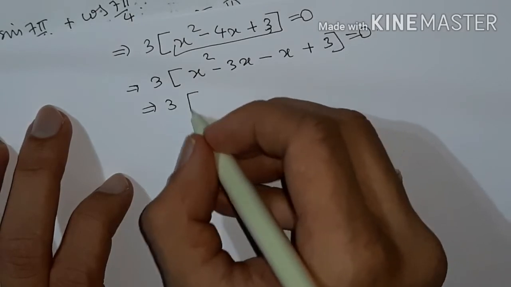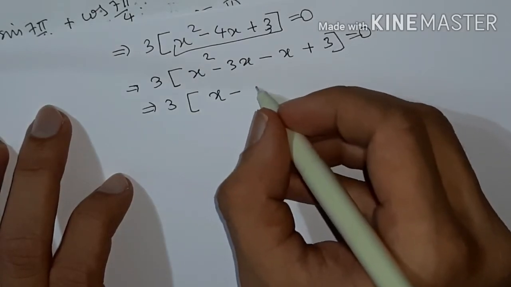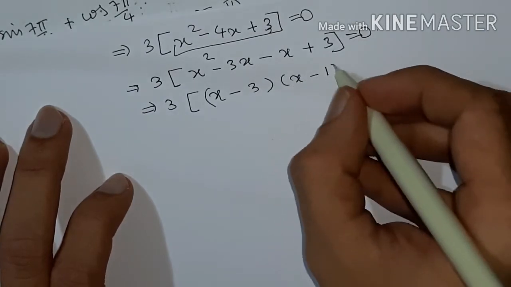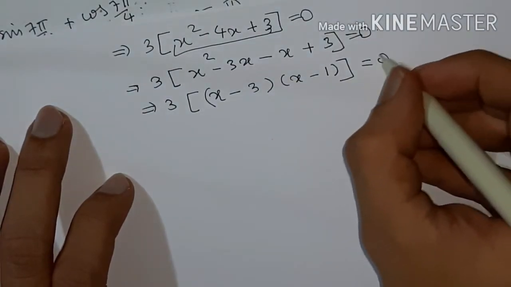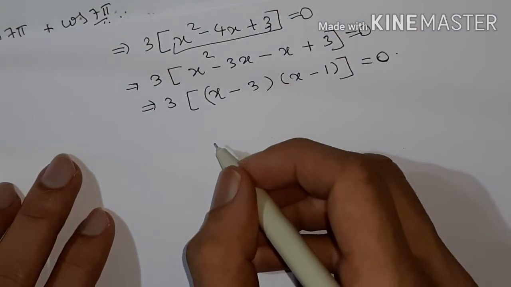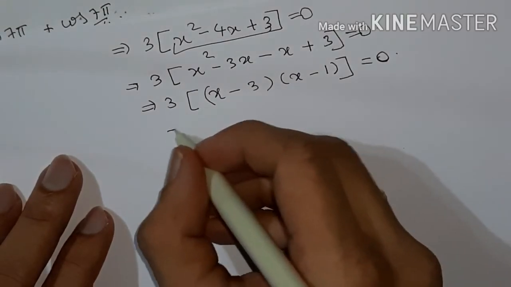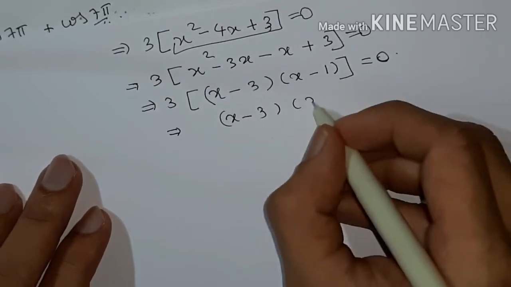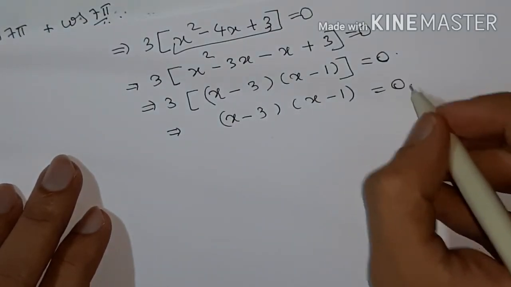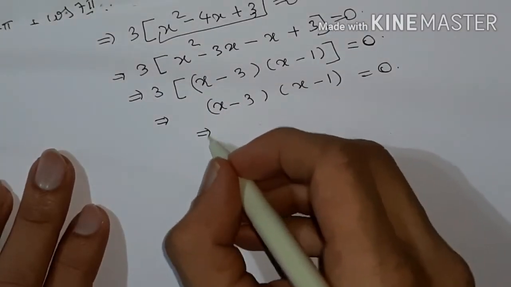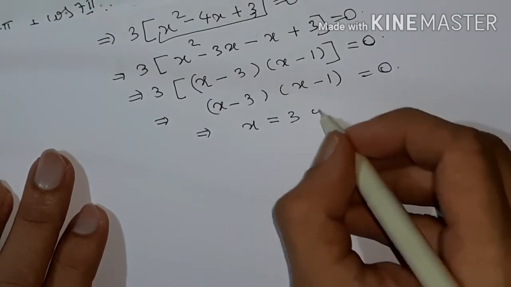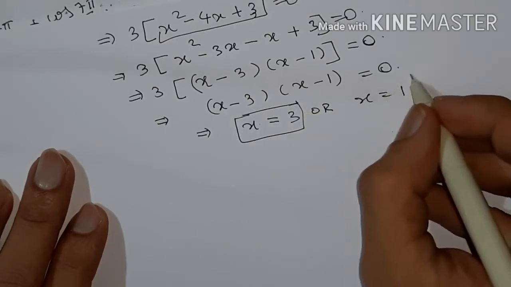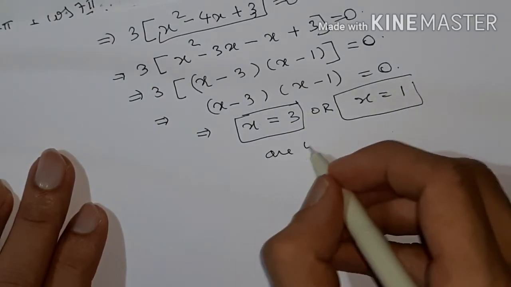So that means x minus 3 multiplied by x minus 1 equal to 0. Now if you divide by 3 on both sides, you get x minus 3 multiplied by x minus 1 equal to 0. So x is equal to 3 or x is equal to 1, are the critical points.